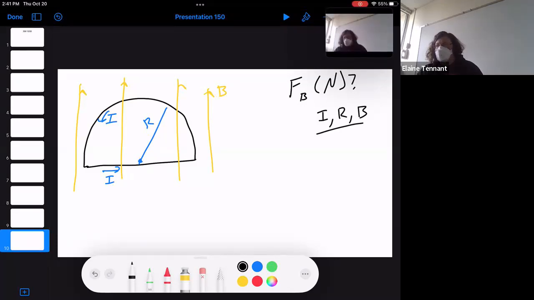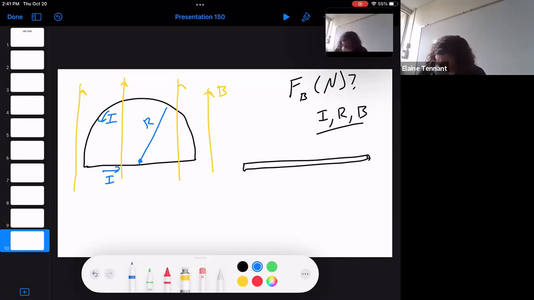Okay, straight wire first. So I have a straight wire like this. It's got current that way. It's got a magnetic field that way.